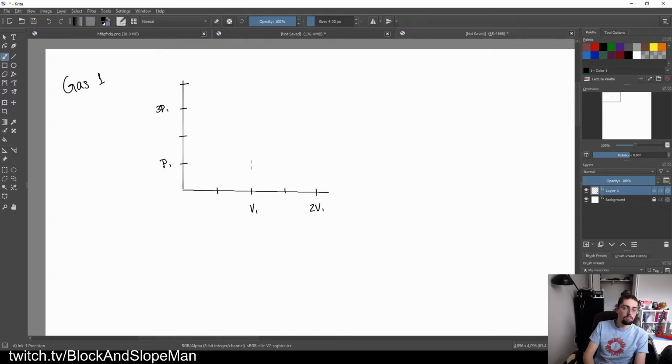So we start at step 1. And the first one's nice and easy. Because the first one, they say, okay, and we'll color code all of these. Step 1, constant pressure, double the volume.